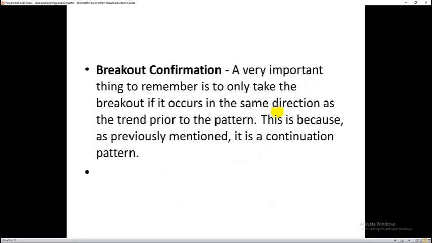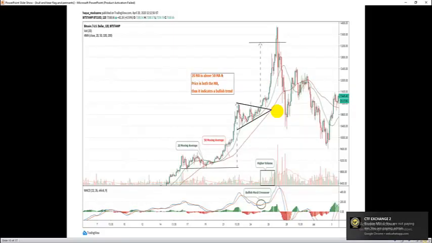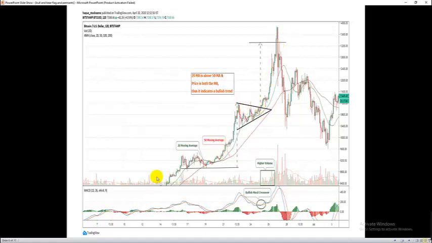So we've explained the breakouts. Now, breakout confirmation. A very important thing to remember is to only take the breakout if it occurs in the same direction as the trend prior to the pattern. This is because, as previously mentioned, it is a continuation pattern. So let's say, for example, here, instead of breaking up, because you know that this trend here is a bullish trend, it now breaks down outside this triangle, and opens a candle and closes it outside this triangle.